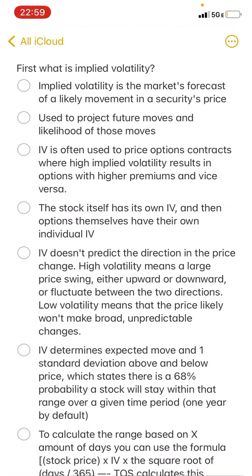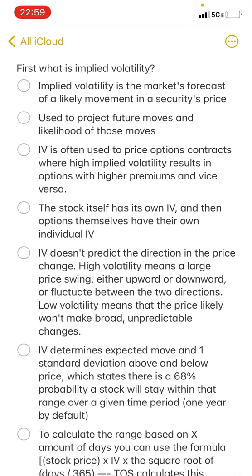If I'm just using arbitrary numbers here, let's say a stock of $100 a share and the IV is 50%. There is a 68% chance that the stock will be somewhere between $50 to $150 per share over the next year.